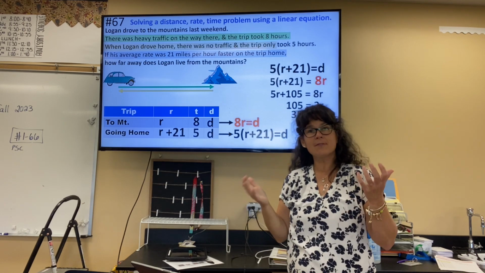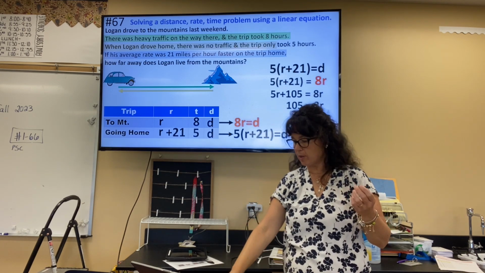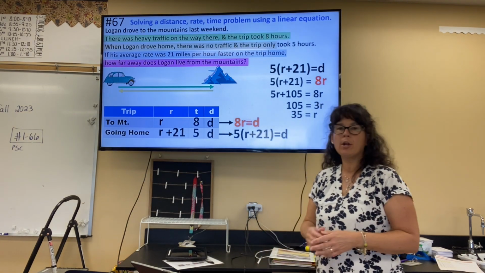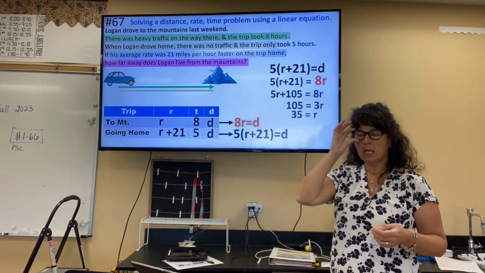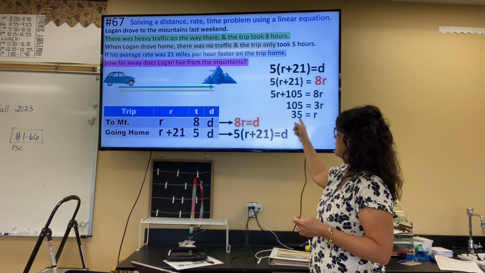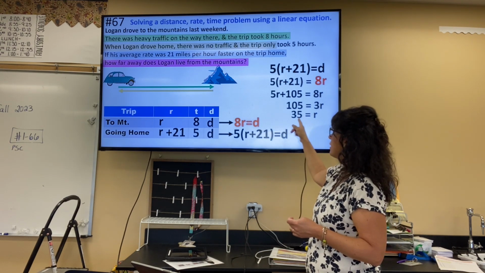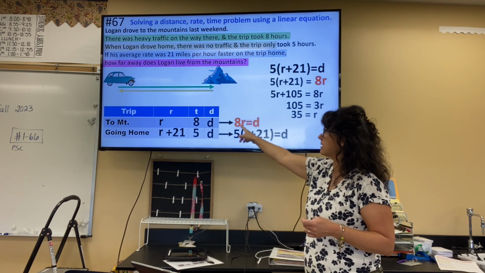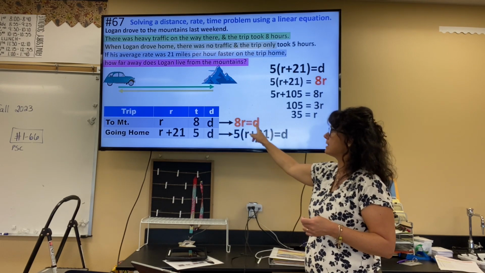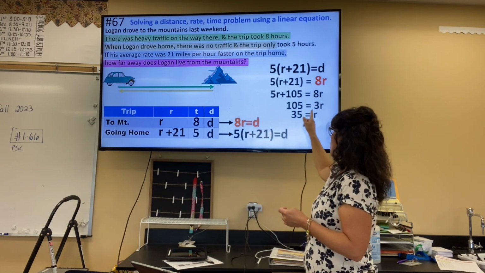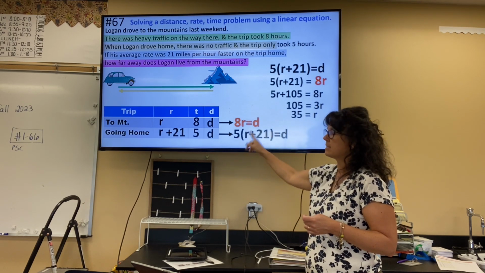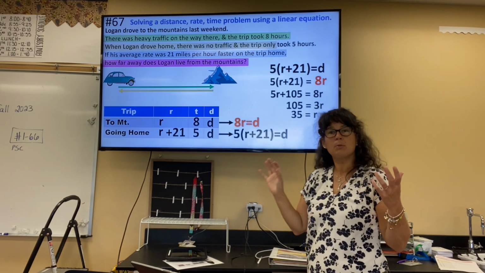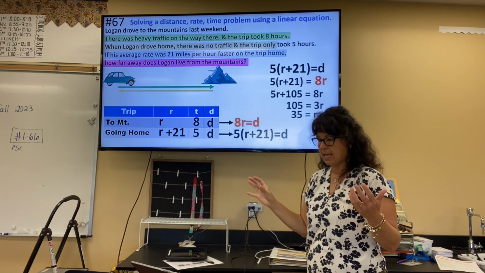Once again, with any kind of story problem, you want to make sure you reread the question, and we want to know how far Logan lives from the mountains. In this case, it's not going to matter if you put the 35 into this equation to find the distance to the mountains, or you put the 35 into this equation to find the distance going home, because both of those distances are the same.